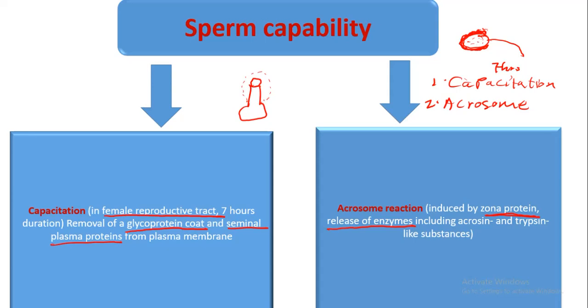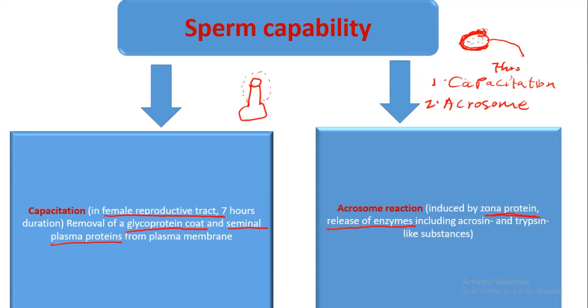So how will this acrosomal reaction take place? It will take place in such a way that the sperm cell will release enzymes. I'm making it in a way you can understand. It's more like the sperm has a nose, and this nose is going to smell the Zona proteins from the oocyte, and after smelling that, it will sneeze.